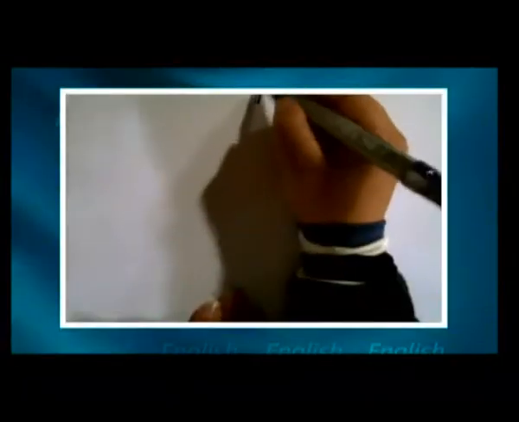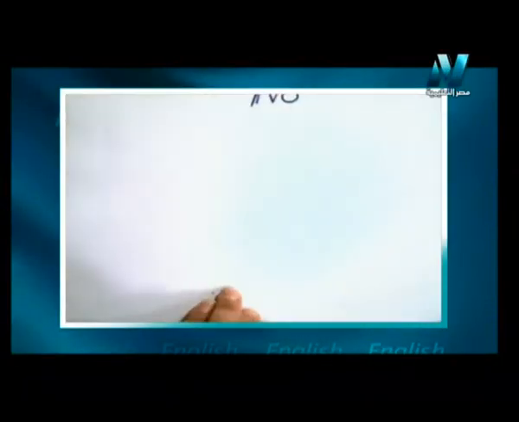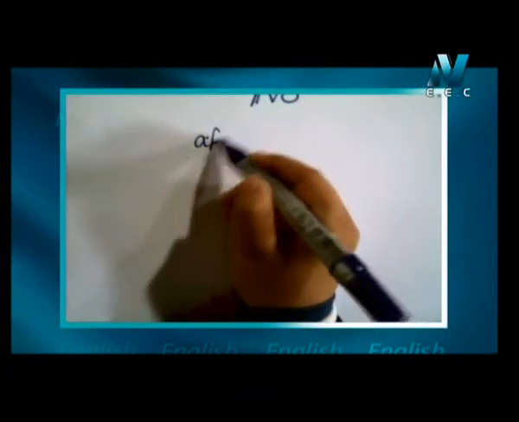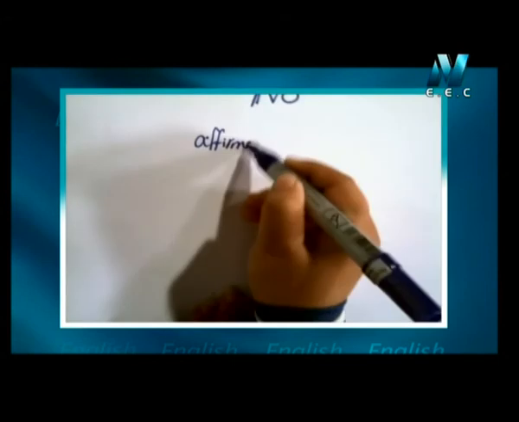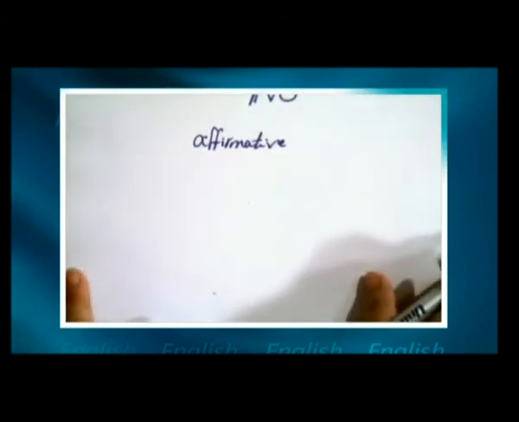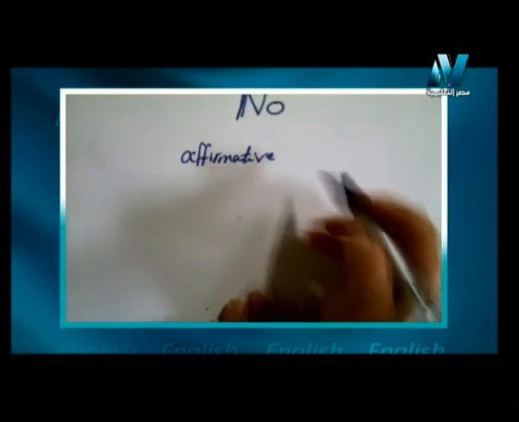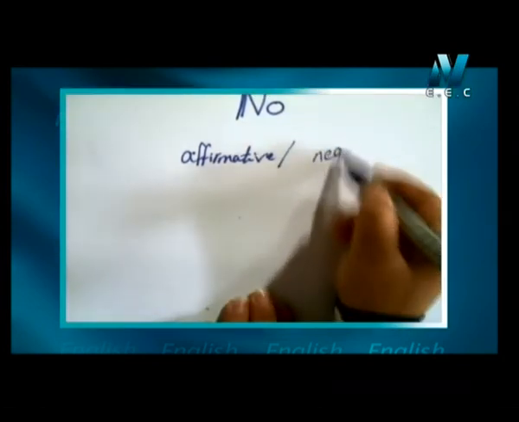Now we are going to speak about the word no. امتى بستخدم no? I use it in a sentence and it has to be affirmative sentence. Affirmative sentence. طيب رغم انها بتستخدم في جملة مثبتة الا انها it has a negative meaning.